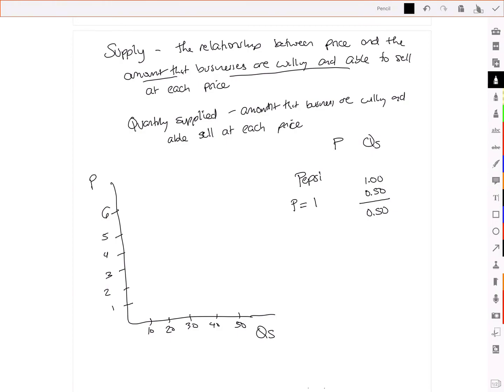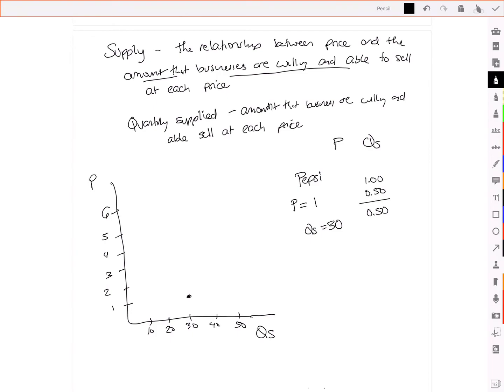And then you can graph in the assignment your demand for Pepsi, and then we'll look at another problem with some supply numbers. So here, Pepsi's making 50 cents profit. That makes them happy. So at $1, there's a certain amount that they are willing and able to sell. And let's assume that quantity supplied is 30.